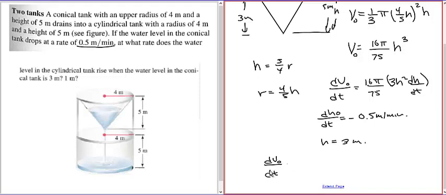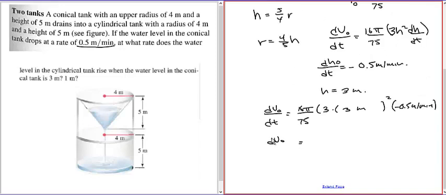Okay, so we get dV_o/dt is equal to 16 pi divided by 75 times 3h squared times dh/dt. Oh, I've got those the wrong way around. H is 3 meters. So you got 3 times 3 squared, and then you have negative 0.5 meters per minute.